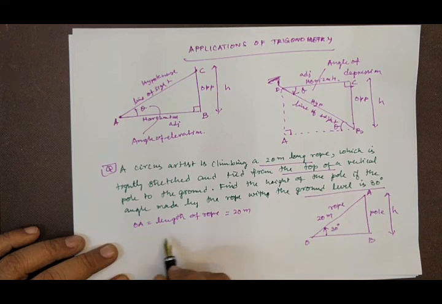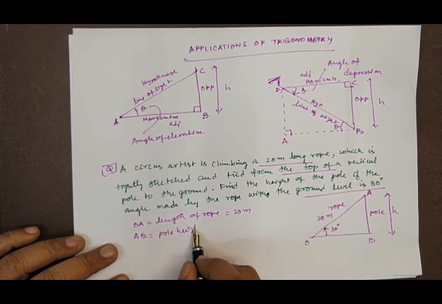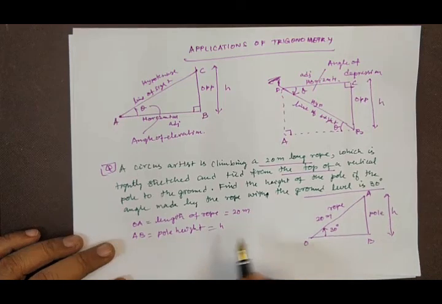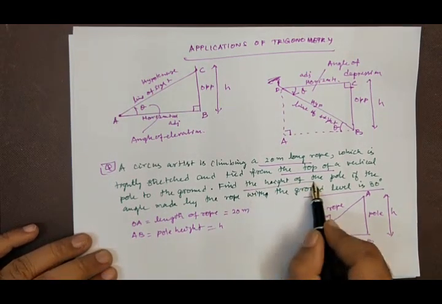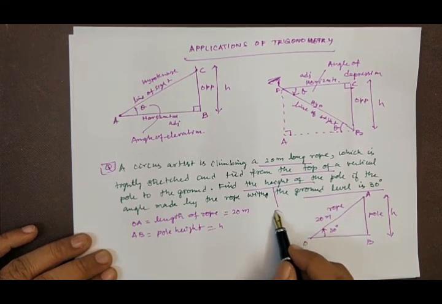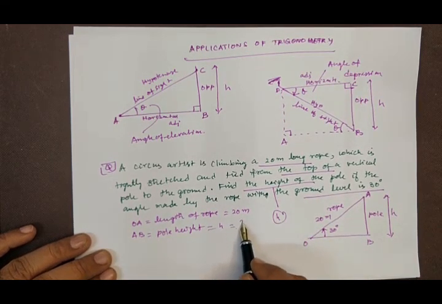And AB is the pole height, and that is asked, so we do not know. Let us put H. Okay, so find the height. The H is asked here, so H is equal to what?